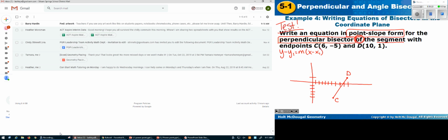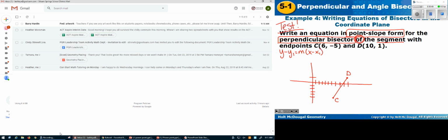Okay, so if it's a perpendicular bisector, think about some characteristics of it. Number one, we already talked about, where does the perpendicular bisector cross the line segment? At the midpoint, hence why we did midpoint in the bell work. So if we want to know a point that's on our line for our perpendicular bisector that's going to go through this line segment, we know for sure one point on that line is going to be the point where it crosses the midpoint.